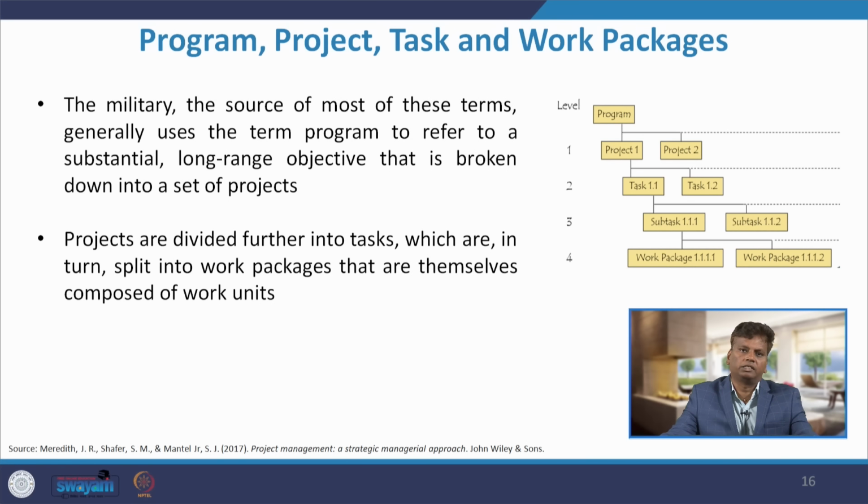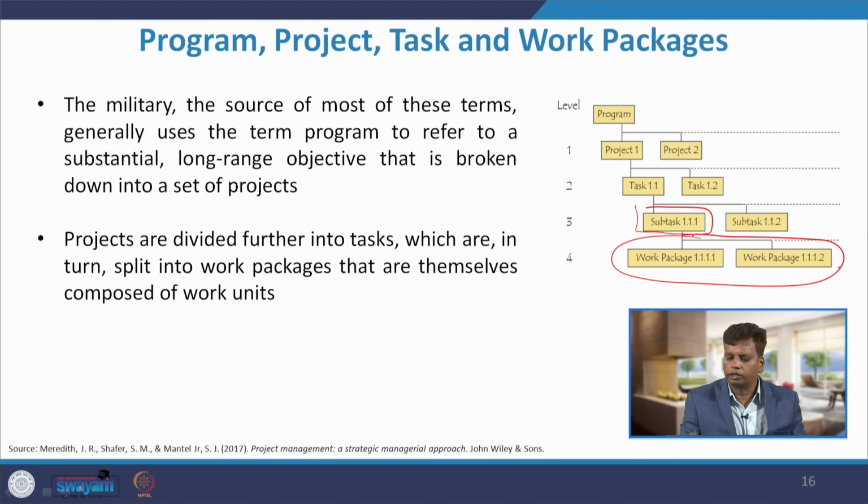Then the projects are subdivided further into tasks, which are in turn split into work packages that are themselves composed of work units. Please look at the picture on the right hand side. You can read from the bottom. There are work packages. See, there are work packages that have come from a certain task.